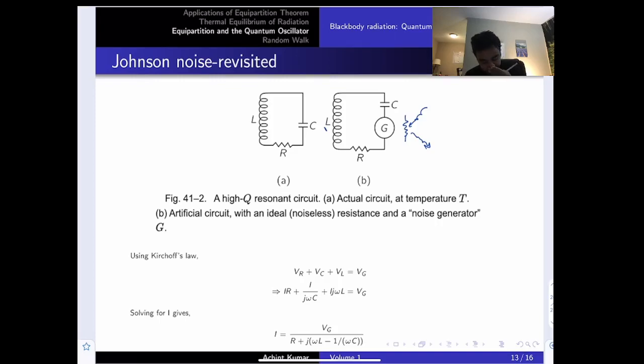The voltage across the capacitor would be I times ZC, which is the impedance of the capacitor. Impedance of the capacitor is 1 over j omega C. VL is I times impedance of the inductor, which is j omega L. And so we solve for I to get this expression.